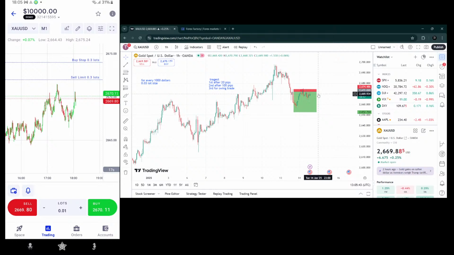But we will wait. We'll see what happens. If you don't have patience and you are an aggressive person, don't come into trading, because this market needs patience.